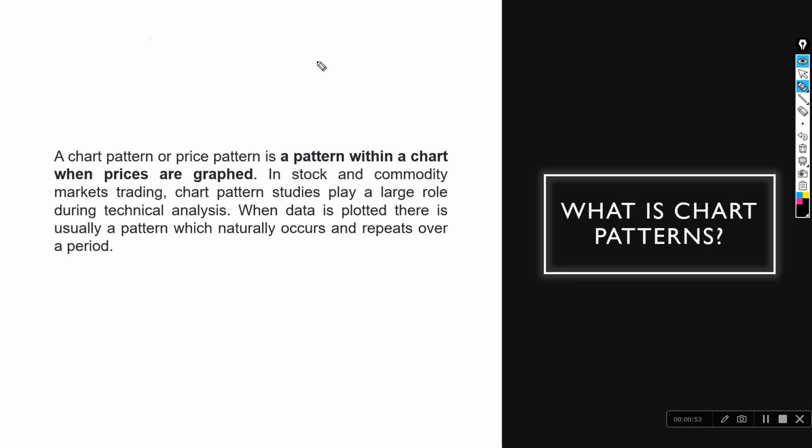So if you've seen your trading window or at least any particular chart of a company or a stock, you can see that there are these candle formations that have formed because of several prices which go up and down. Now when these candlestick graphs are made, when the prices are graphed, it forms certain patterns.